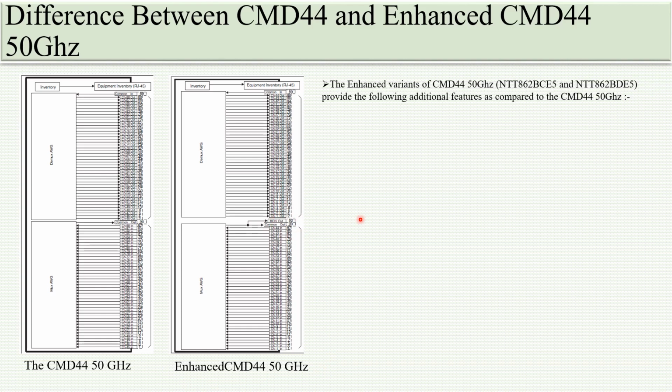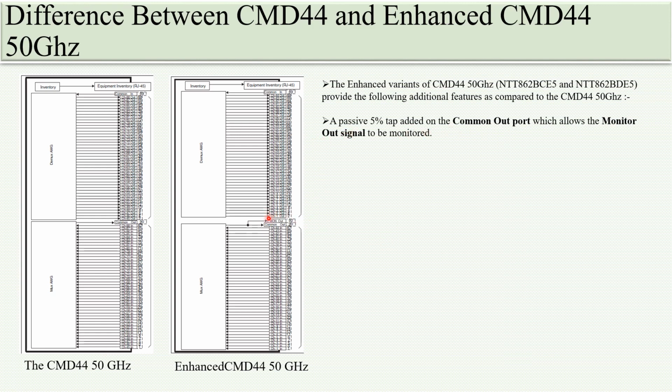The enhanced variant of CMD44 50 GHz provides additional features as compared to CMD44 50 GHz. First, a passive 5% tap is added on the common output.